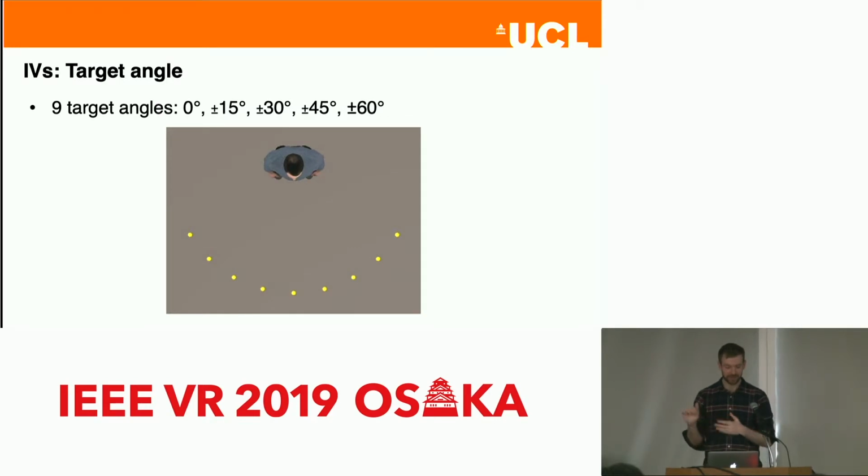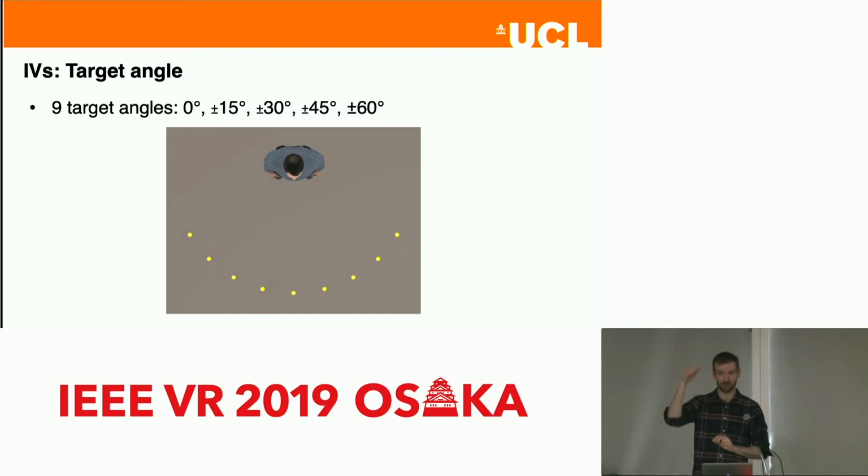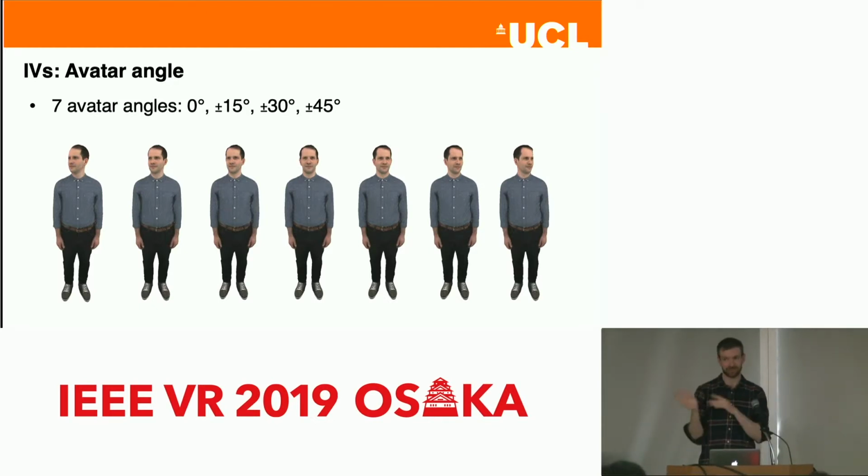We also varied the location of the target with respect to the avatar. Here you can see a top-down view of what the task looked like. There's our avatar, and that's where the targets were in relation to him at 15-degree intervals. All the targets are 1 meter away from the point between the avatar's eyes. And we also varied the avatar angle, so where the avatar was looking.